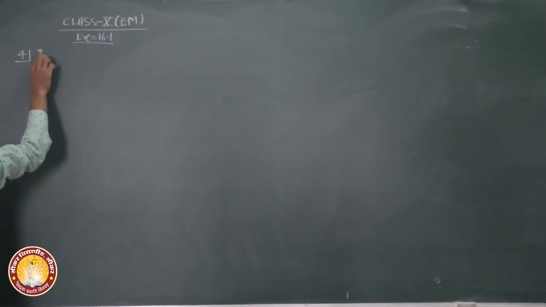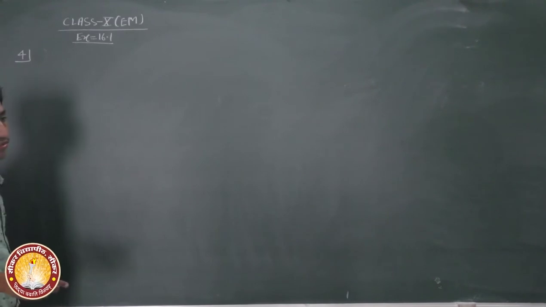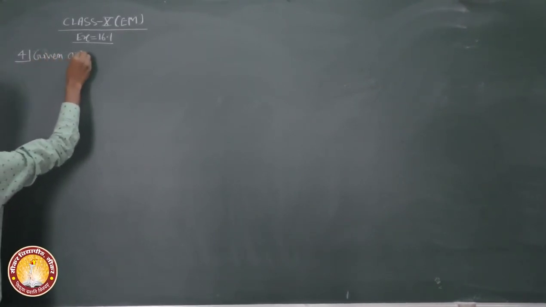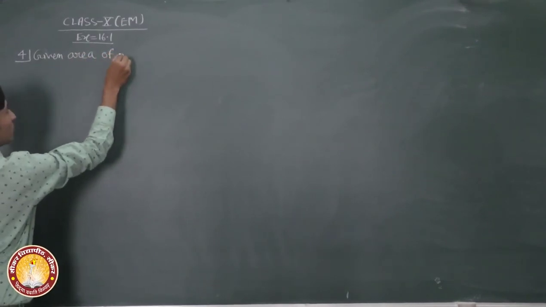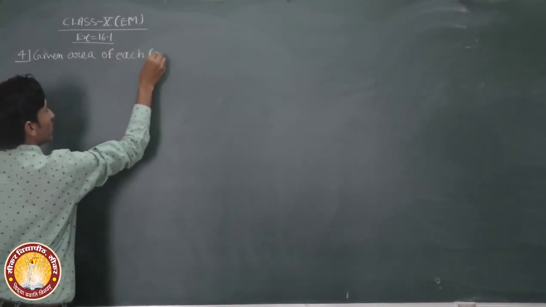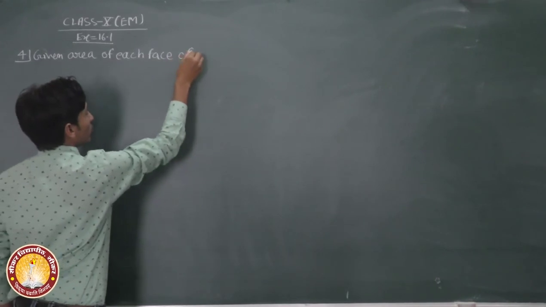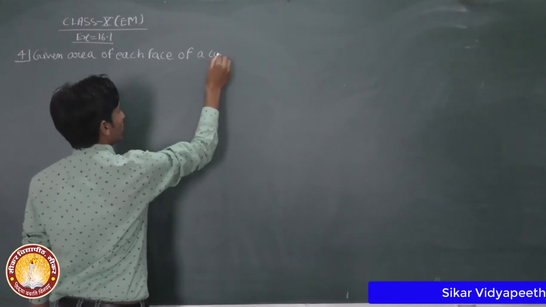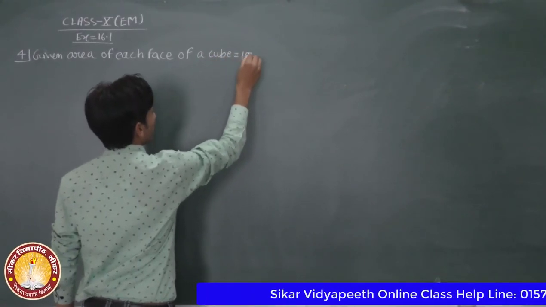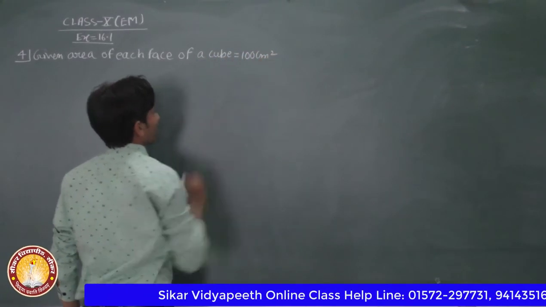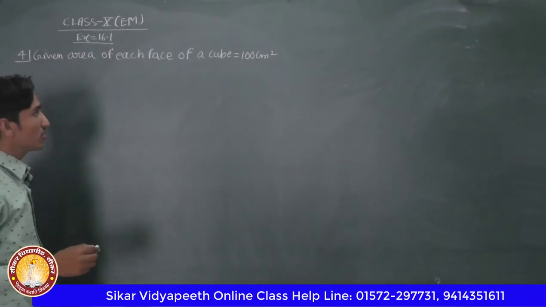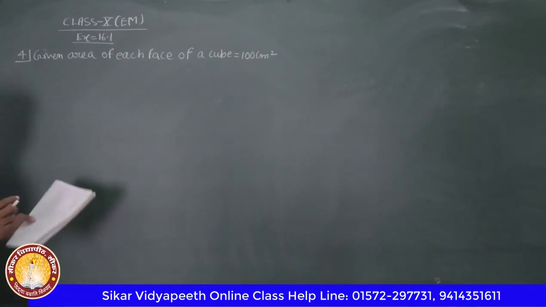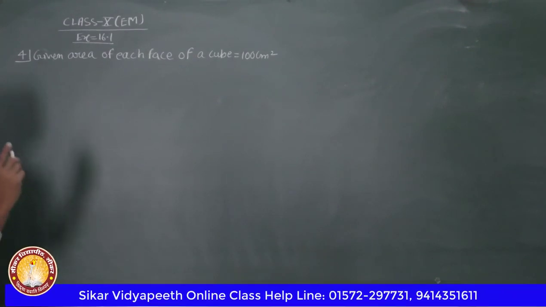Given: area of each face of a cube is 100 centimeter square.